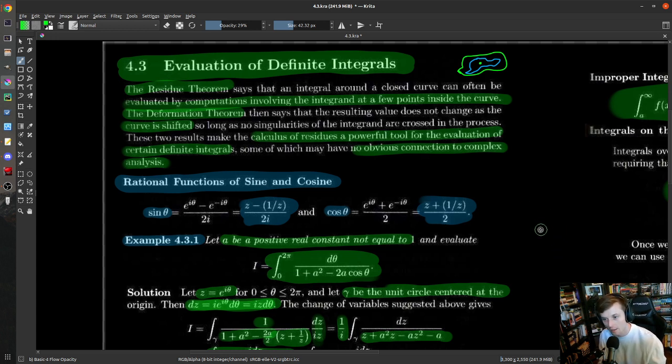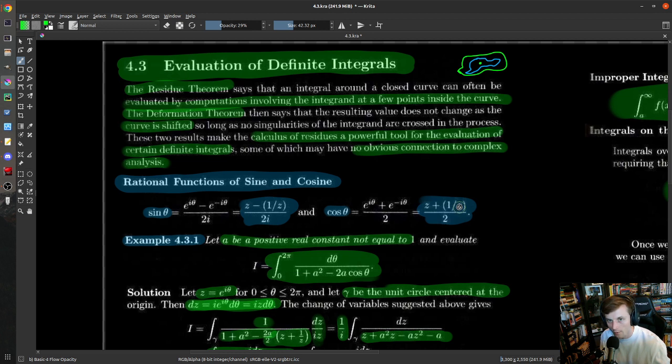So the first idea we explored, it's a kind of random grab bag of ideas. One of them is to use rational functions of sine and cosine. So when you have a rational function involving sines and cosines, we'll say, hey, let's just suppose that we can treat these sines and cosines as some analytic function, or function with some number of singularities that's analytic everywhere except at those places, evaluated along a contour.